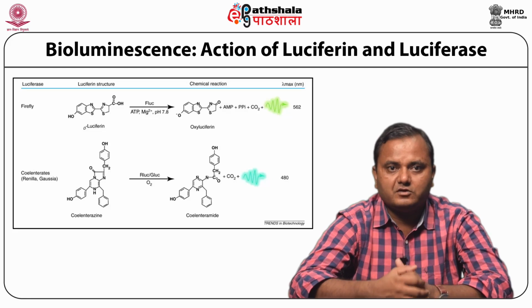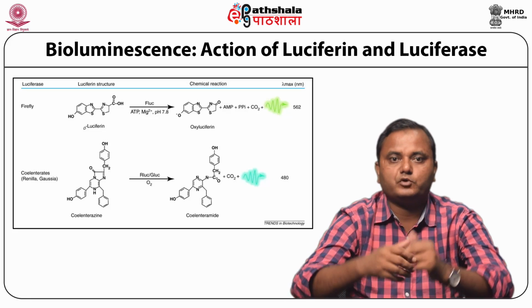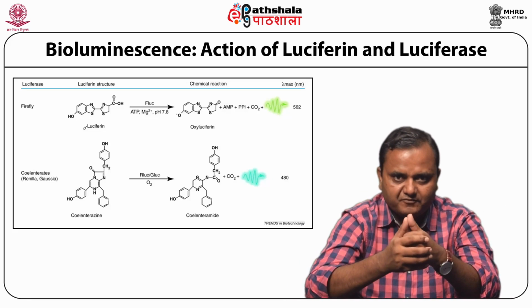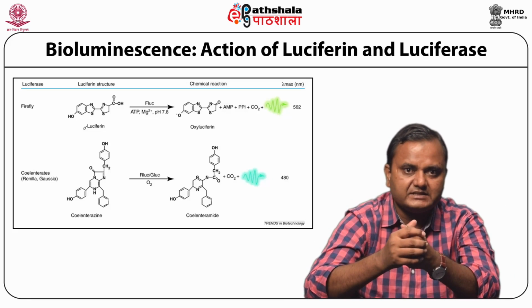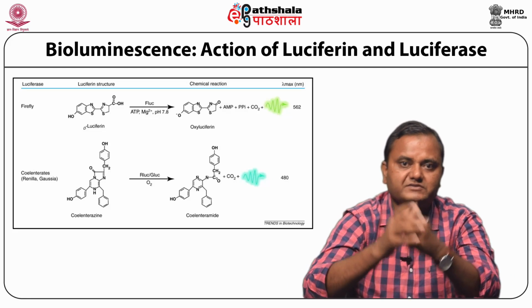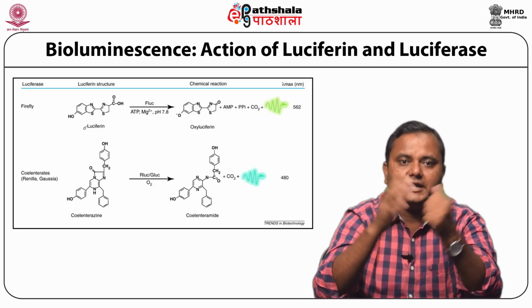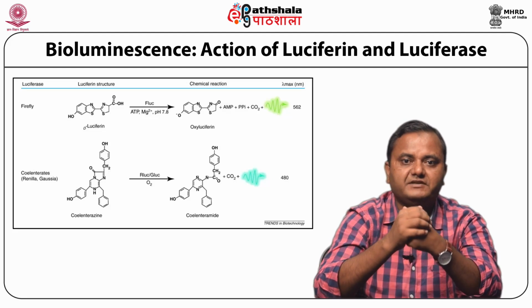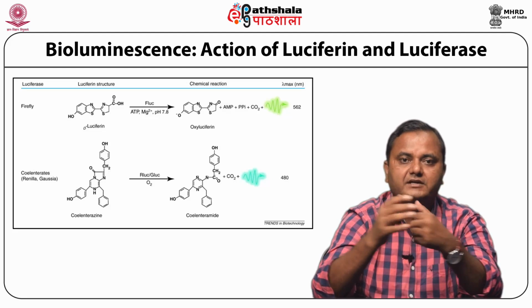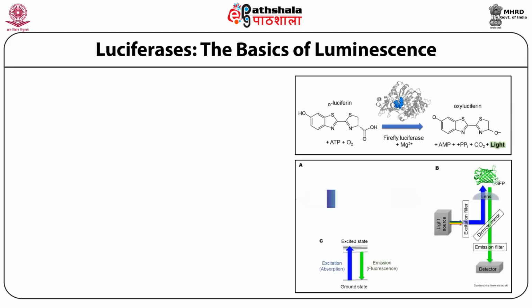Different species of bioluminescent organisms produce different luciferase enzymes. For example, firefly luciferase, Renilla luciferase, luciferase from shrimps, and bacterial luciferase, which have different shapes and therefore different color emission. Here we try to show the luciferase activity in bioluminescence.